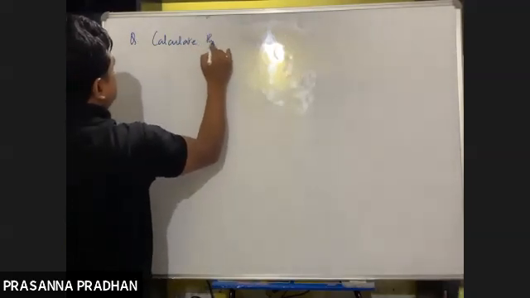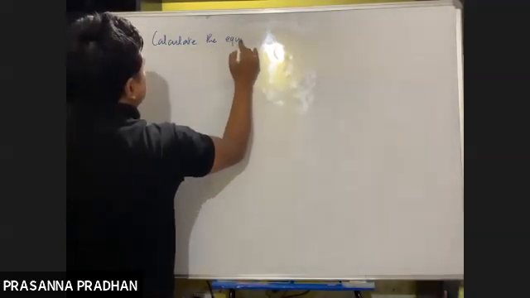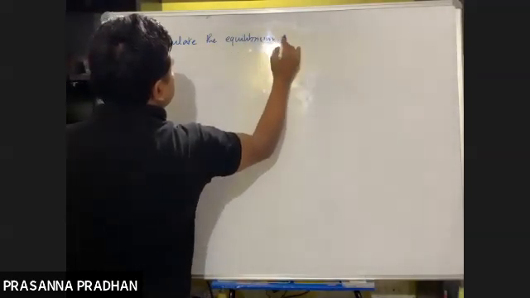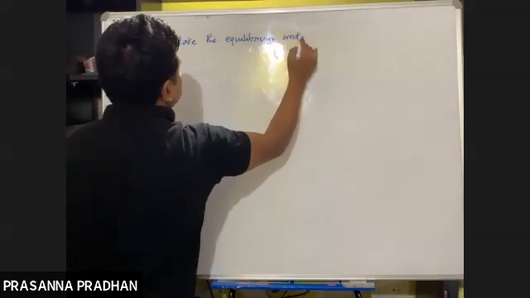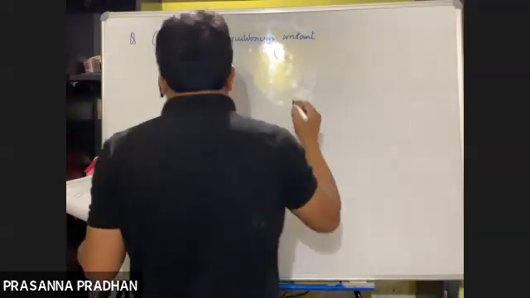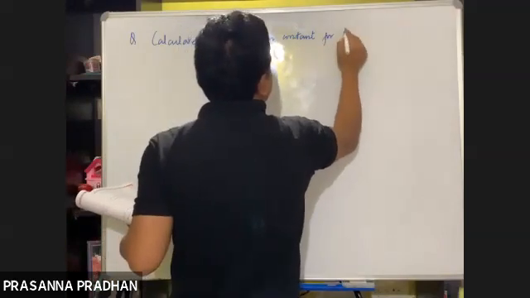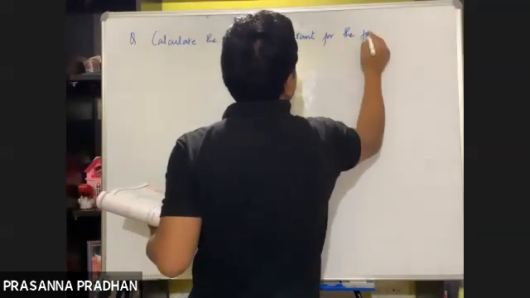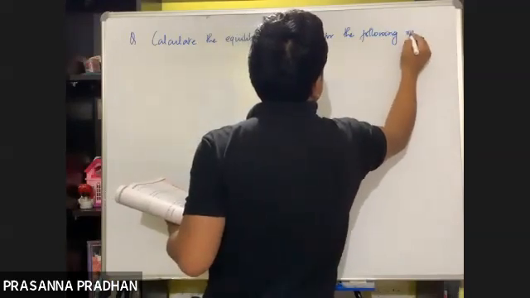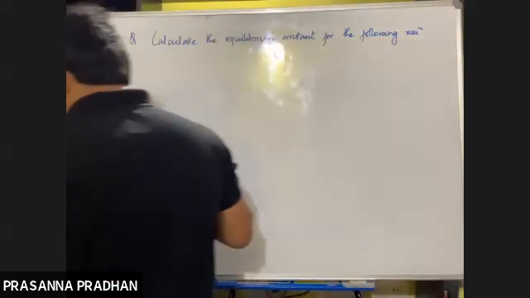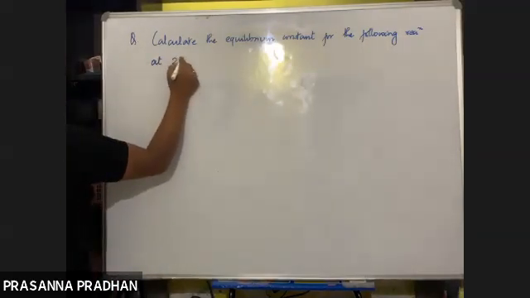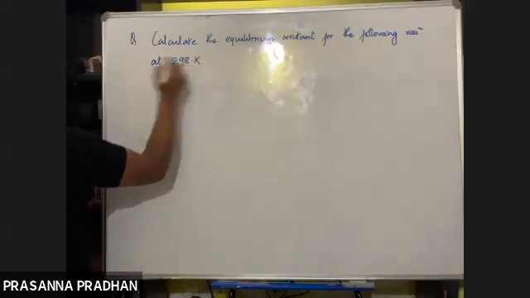So calculate the equilibrium constant. Calculate the equilibrium constant for the following reaction at 298 Kelvin.